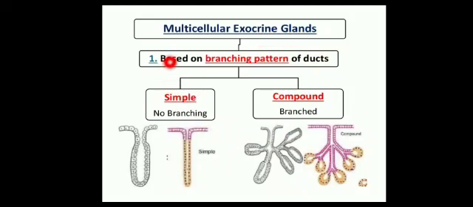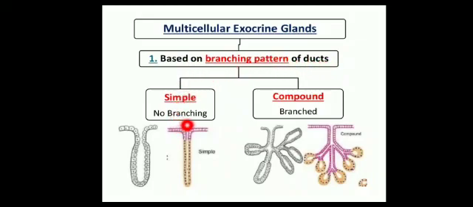So, number one classification is based on the branching pattern of the ducts. As I have already told you, the exocrine glands have a duct and a secretory part.